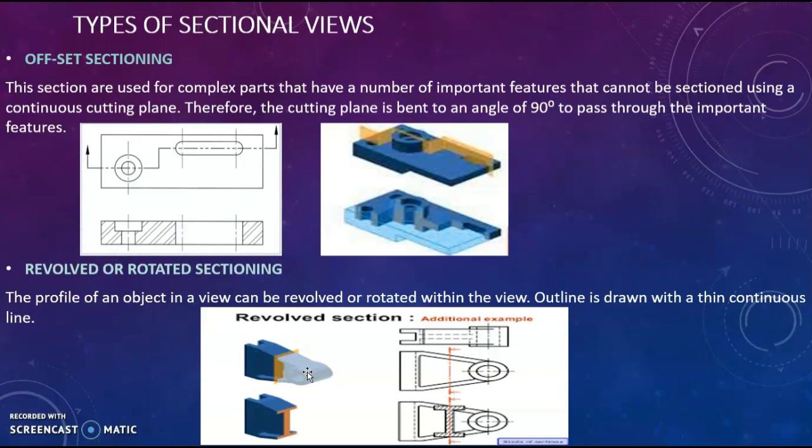So after the sectioning, the object is being revolved. You see, the outline of this section is represented by a continuous line. So after it's been cut, it's revolved or rotated.